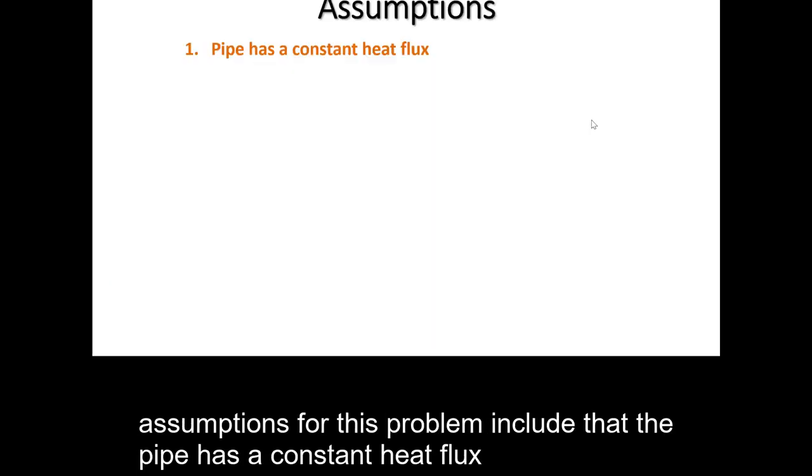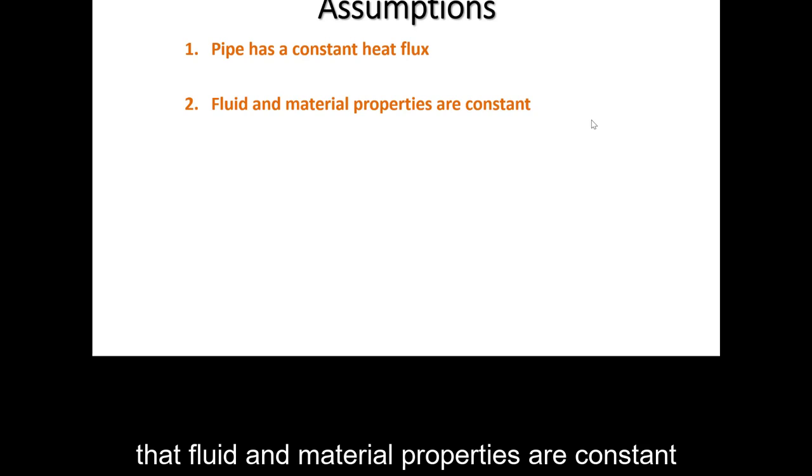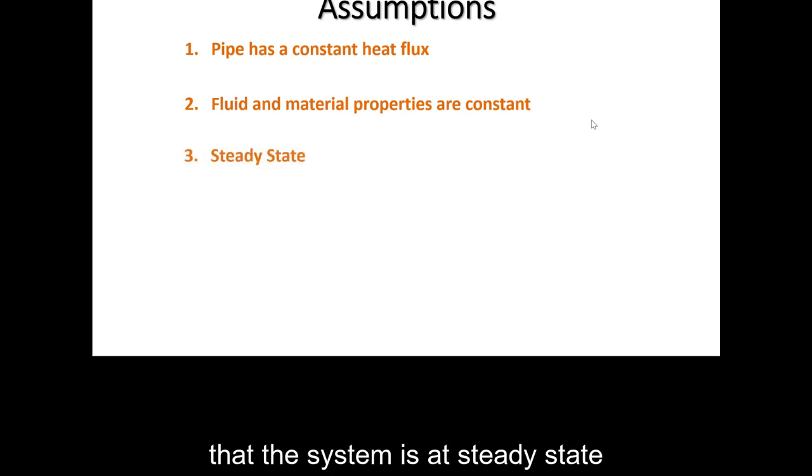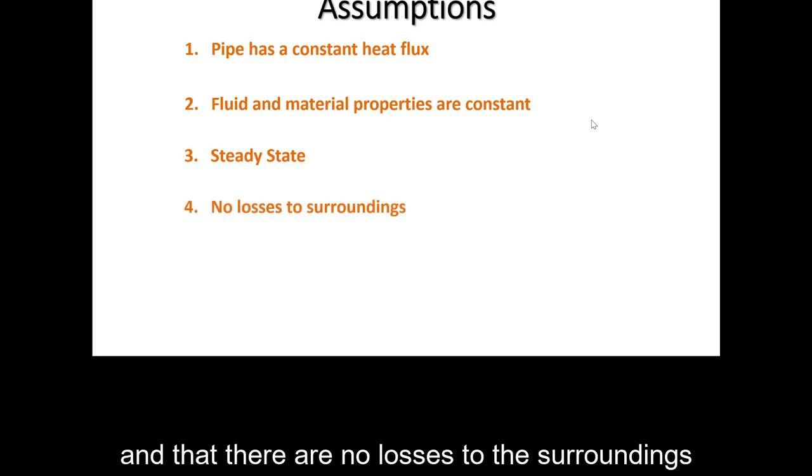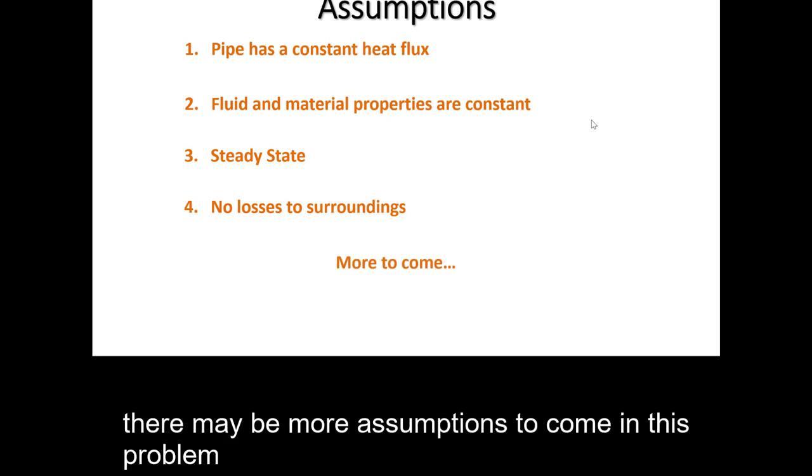Assumptions for this problem include that the pipe has a constant heat flux, that fluid and material properties are constant, that the system is at steady state, and that there are no losses to the surroundings. There may be more assumptions to come in this problem.